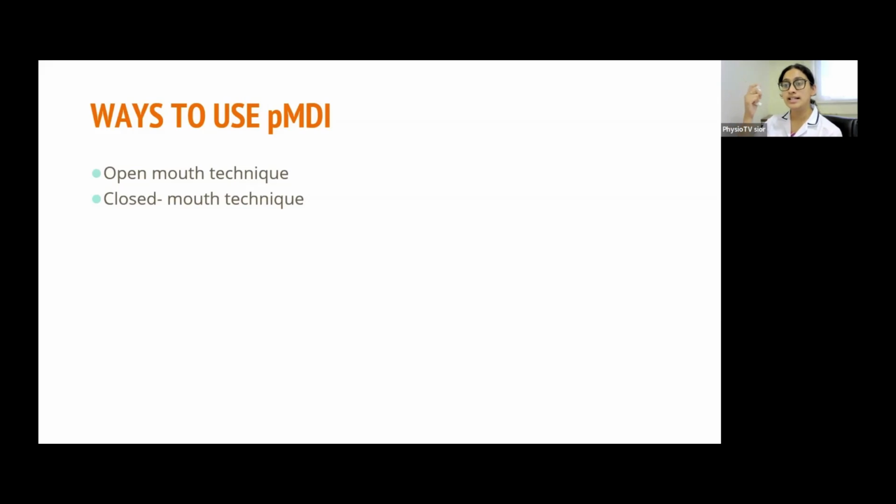Tilt the device along with the head if need be. And while pressing down the canister, breathe in slowly and gradually, without exhaling for a minute.